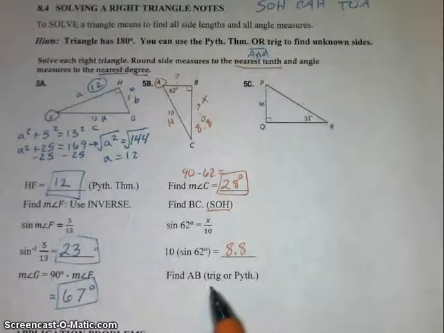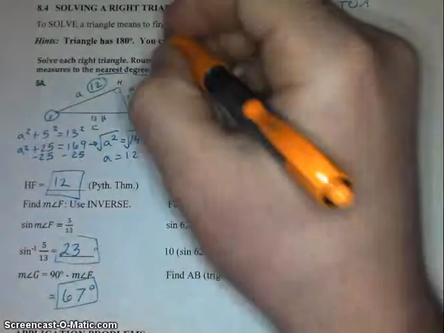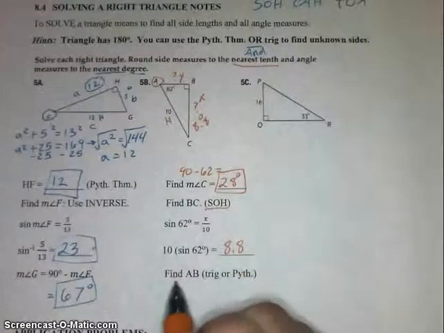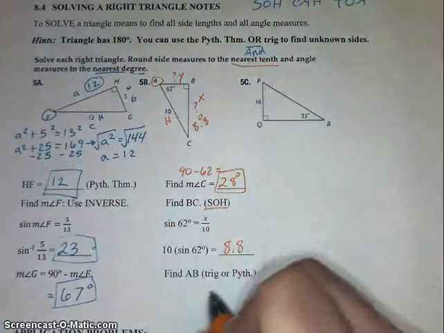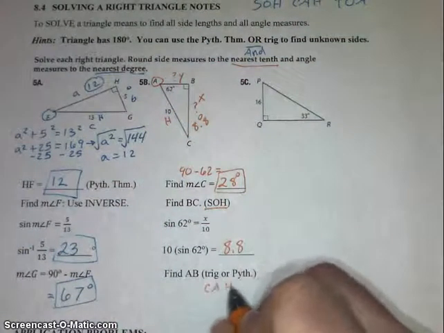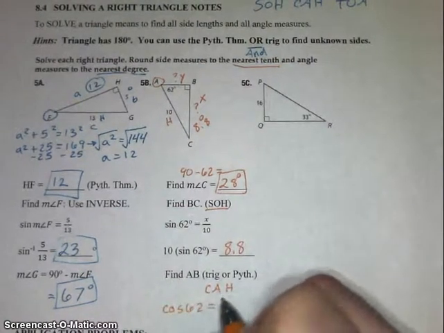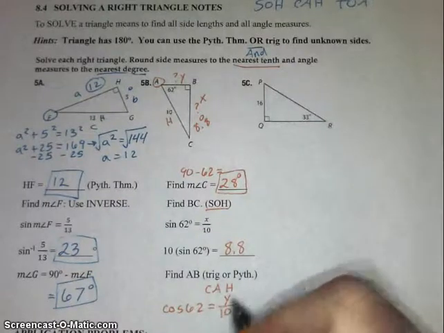I could get a more accurate answer if I go back to using trigonometry to find AB. Finding AB, I'm going to call that side y, since I already used x. I'm going to realize that this is the adjacent leg to the 62 degree angle, so I'm going to use my cosine ratio. I'm going to say cosine of 62 equals the adjacent leg, which I'm calling y, over the hypotenuse 10.